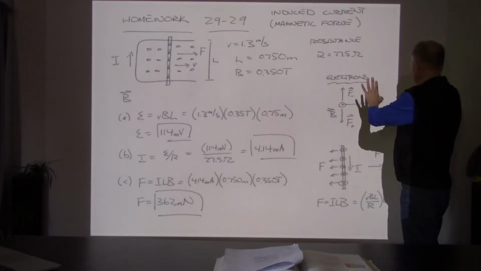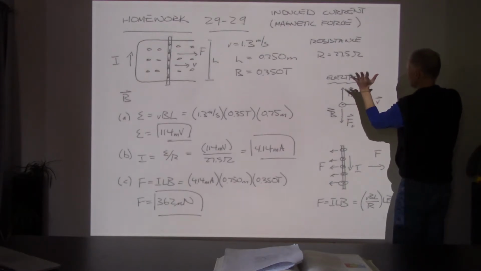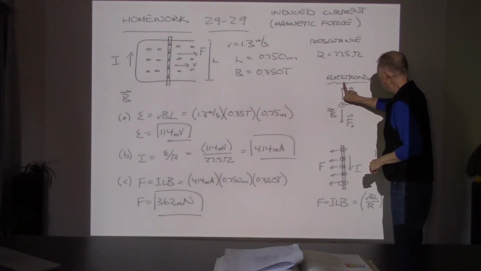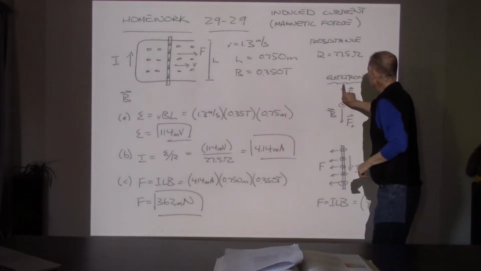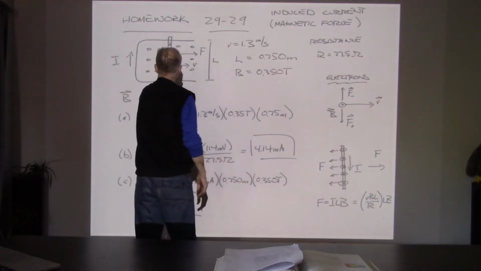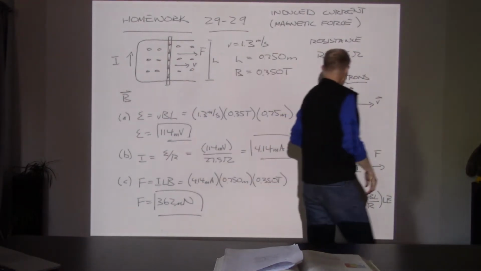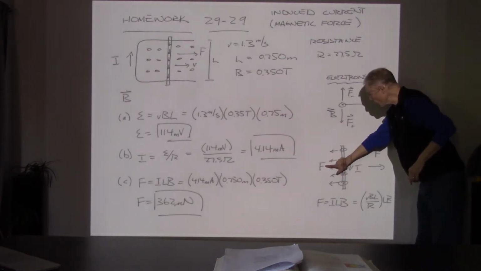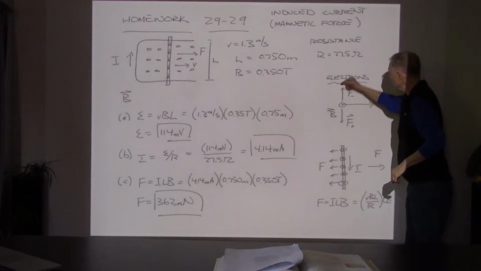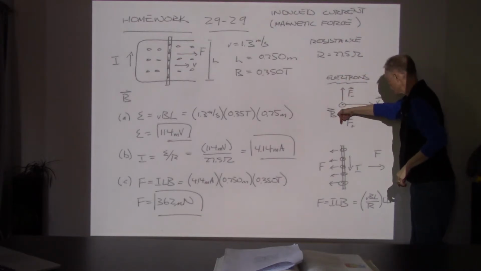I'm using a left-hand rule for this. The force on the electrons will be here. That means that the electrons will start moving. When the electrons start moving through the wire, well, then there's going to be a force on those moving electrons. Now, remember, if the electrons are moving here, we define the current in this direction.